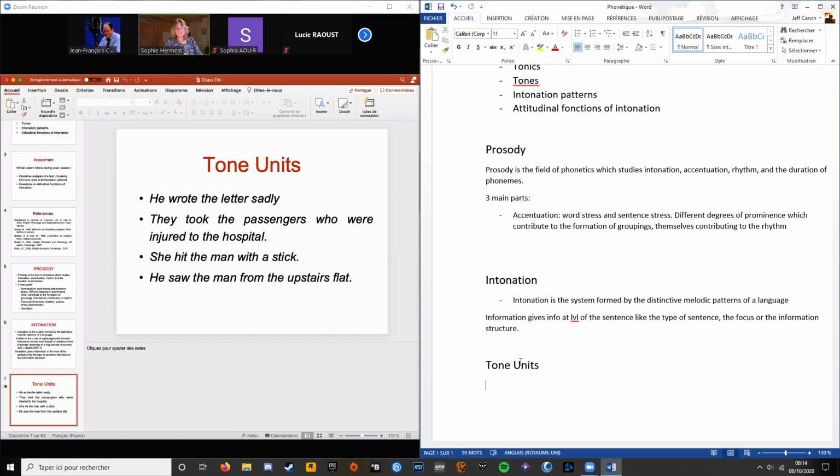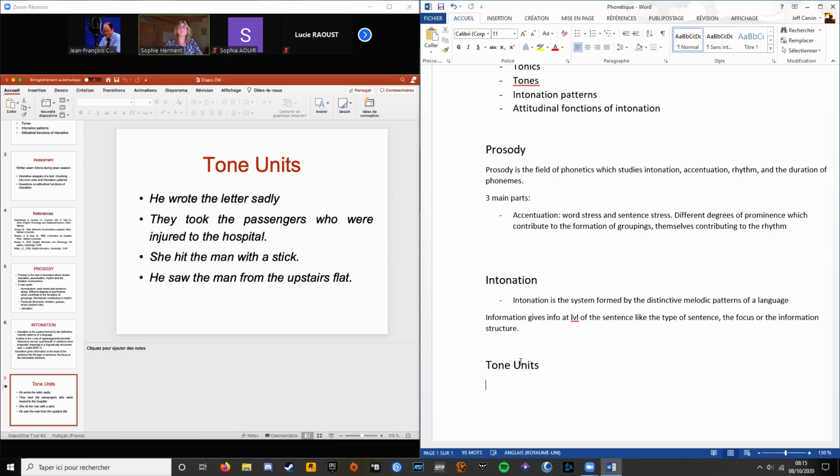And tone units were called breath groups at one moment in the history of intonation. But then, in fact, authors realized that you don't take your breath each time you do a chunking, and sometimes you can also take your breath in the middle of a tone unit, so they changed the name.